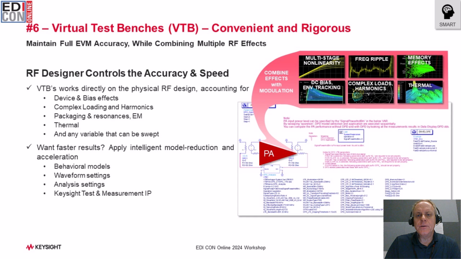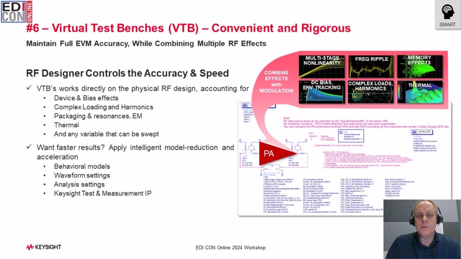And it turns out that when we spoke earlier of all the things that screw up EVM, you can have rigorous 5G or Wi-Fi 7 waveforms generated or analyzed and accurately look at the effects of modulation on your circuit.